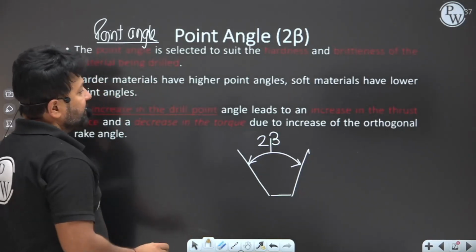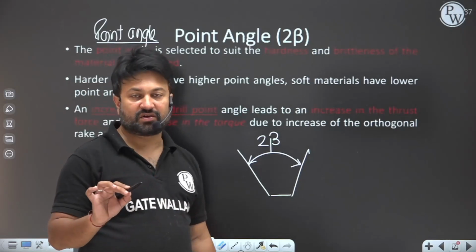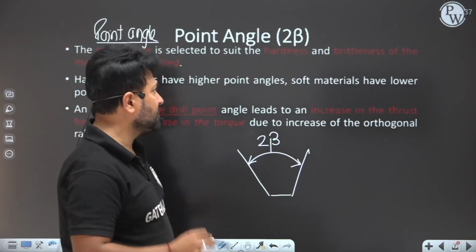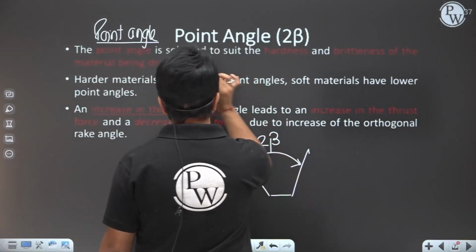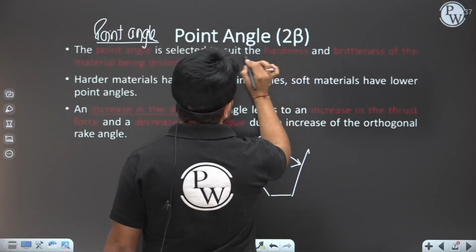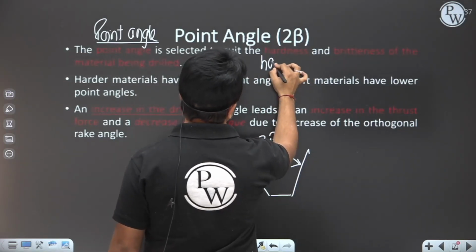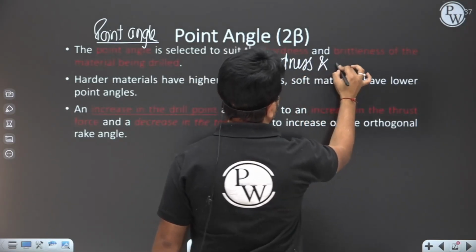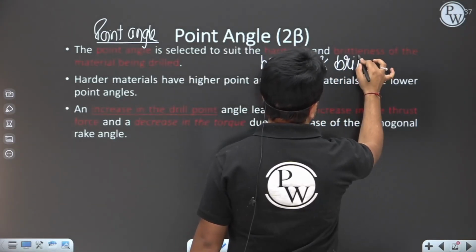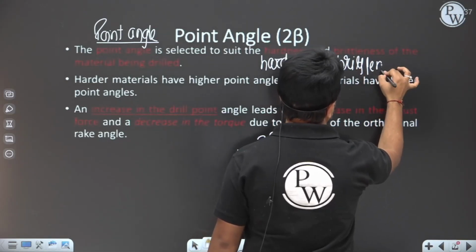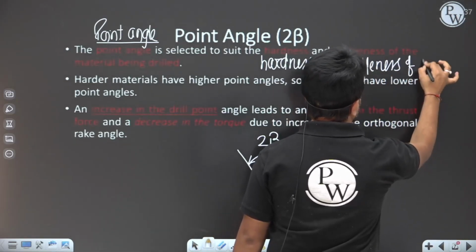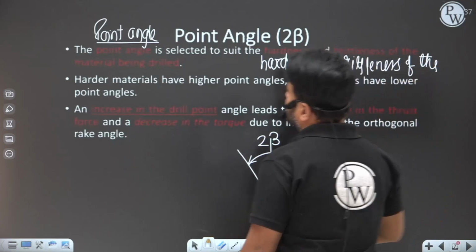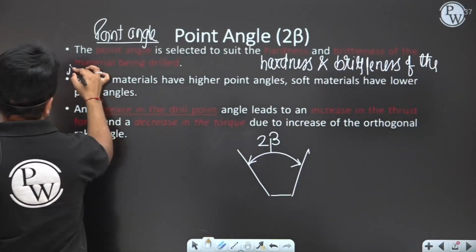Now this point angle is selected on the basis of the material being machined. The point angle is selected to suit the hardness and brittleness of the material being drilled.